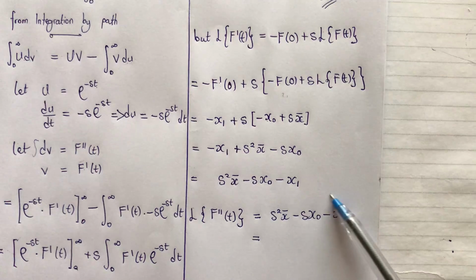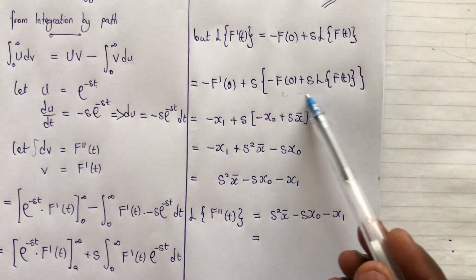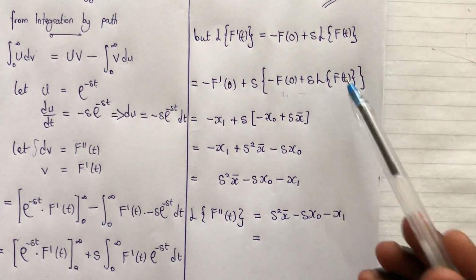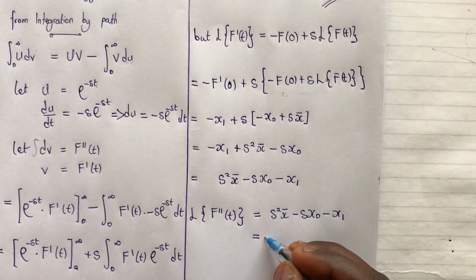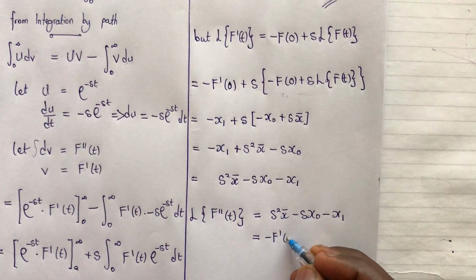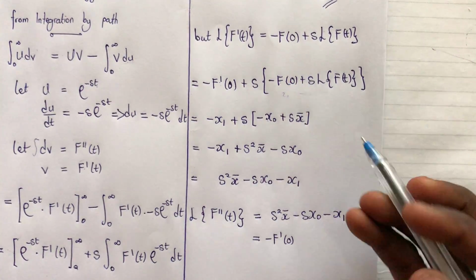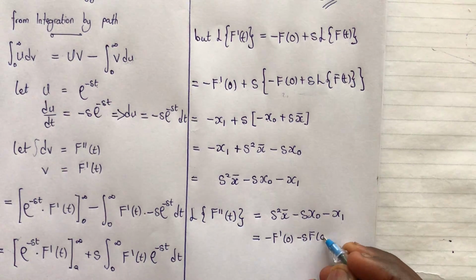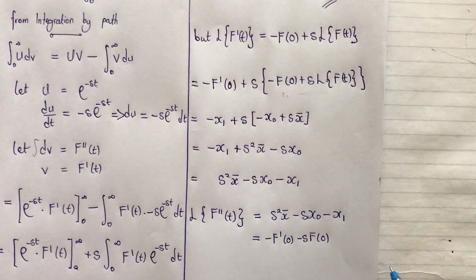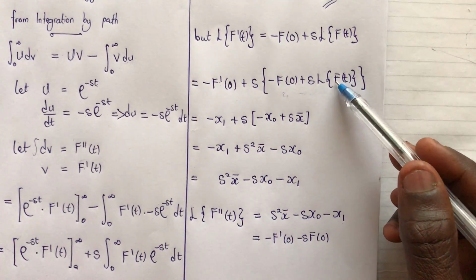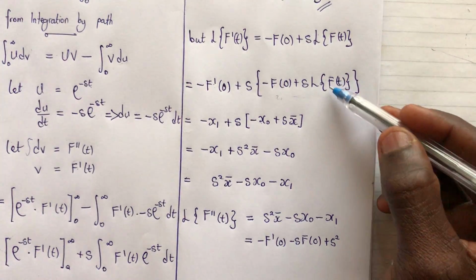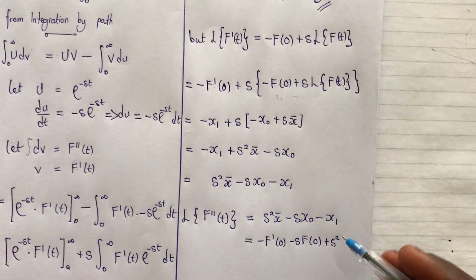Or if you do not prefer this one, you can leave your answer in this form by taking Laplace transform of f of t equal to f of s. So that will give you minus f1 of 0. This time this will give you minus s f of 0. Then watch carefully. This time this will give you plus s squared. What is Laplace transform of f of t? We know it is f of s.